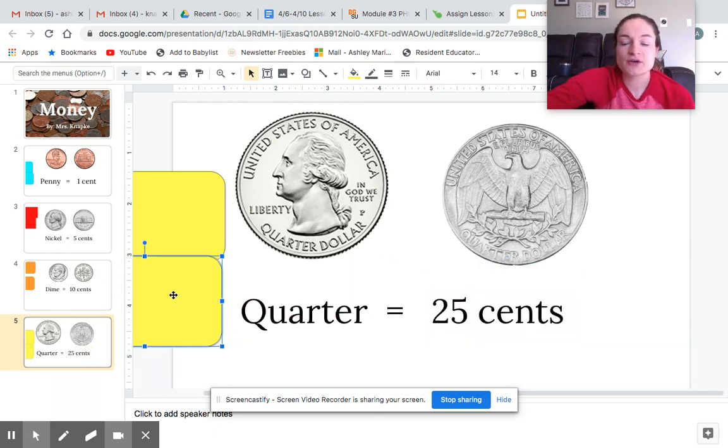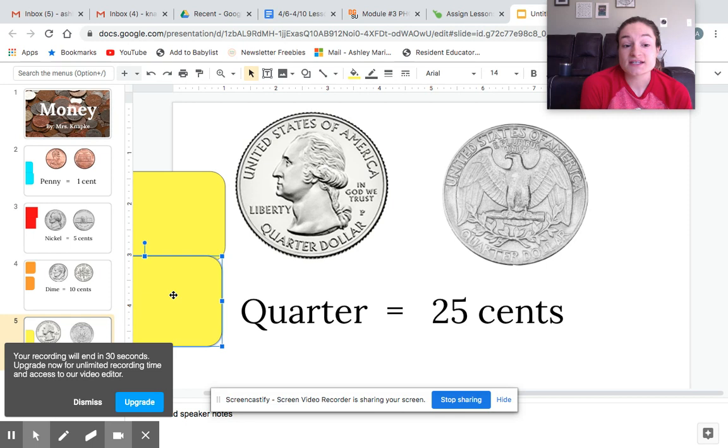Now in first grade, we're not going to be counting a lot of quarters, but I think it's really important because you use quarters a lot when you go out to buy things. Like if you go to a concession stand at a basketball game, or you go to the grocery store and want to buy something. So a quarter is really important to know, and a quarter is worth 25 cents. So actually, 25 pennies would give you the same amount as a quarter, which is 25 cents.